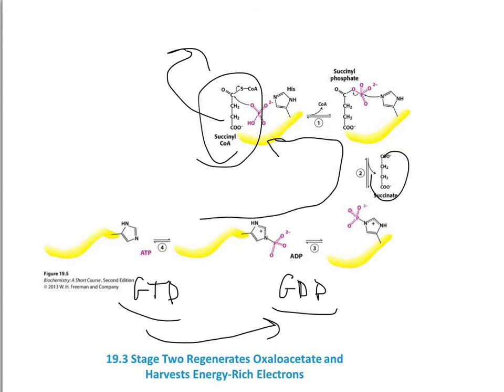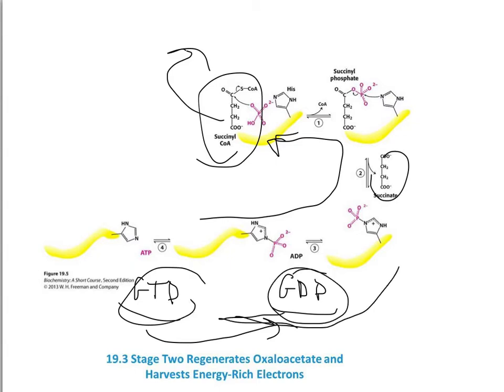A lot of times the enzyme that does that backwards uses GDP, and it can go both directions, but a lot of times GTP is used for the backward reaction, because this is a precursor that gets used to make other things, one of them being heme. You remember the heme groups in hemoglobin. So there are enzymes that can run this with ADP and ATP.